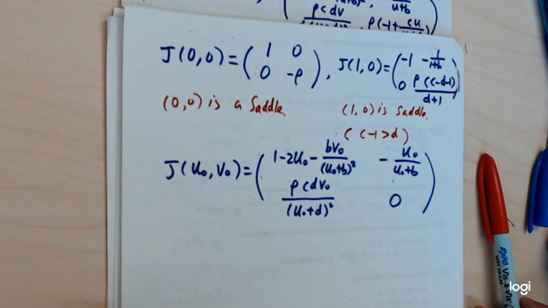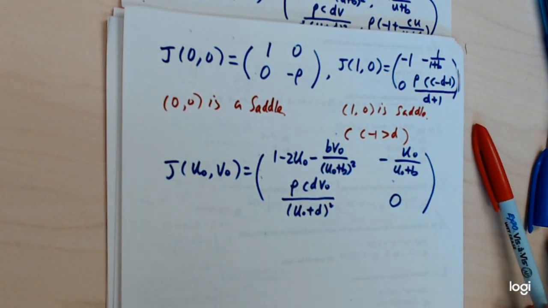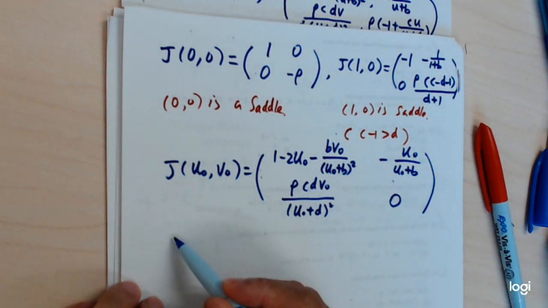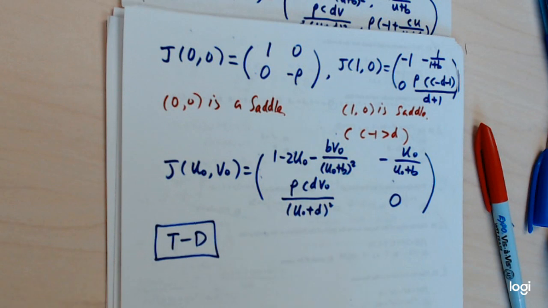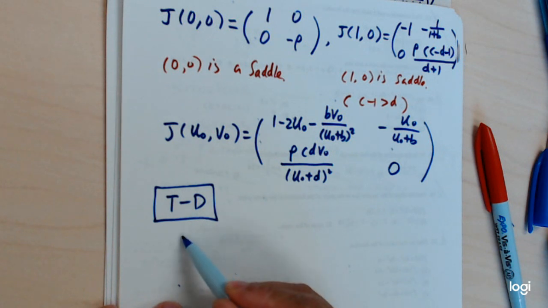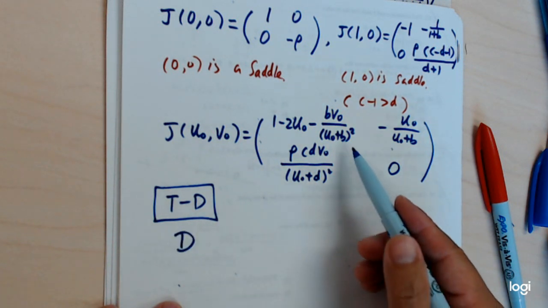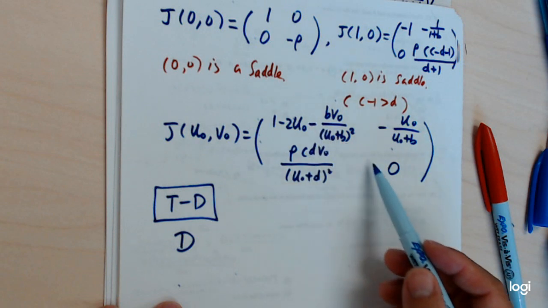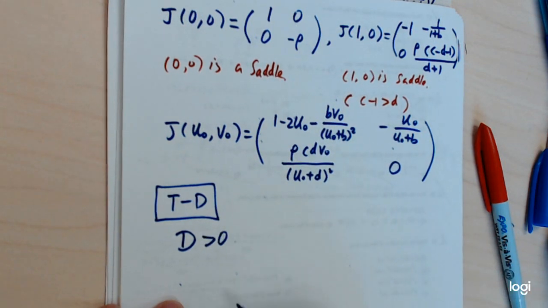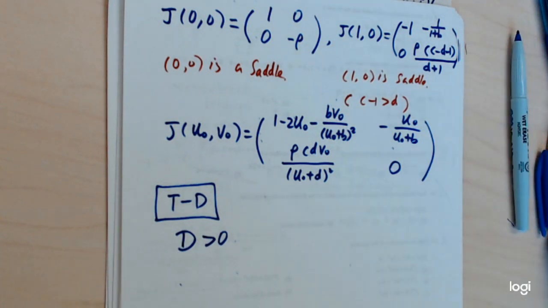So now instead of writing down the characteristic equation and stating the results, we use the trace-determinant formula. So the determinant, which is this product, but subtract this, is always positive.